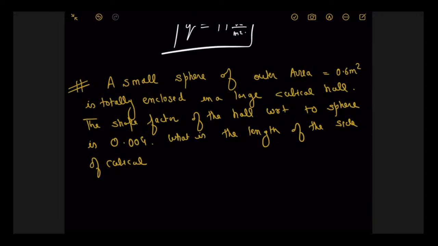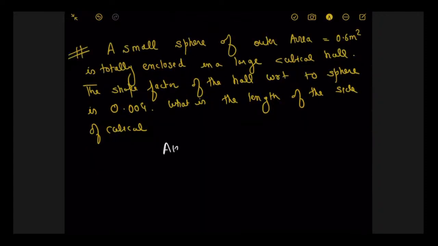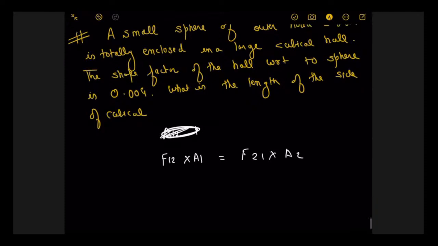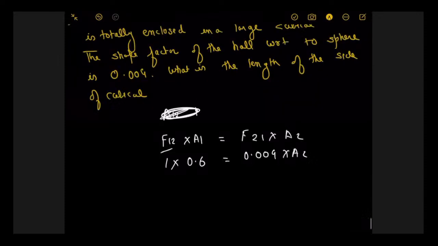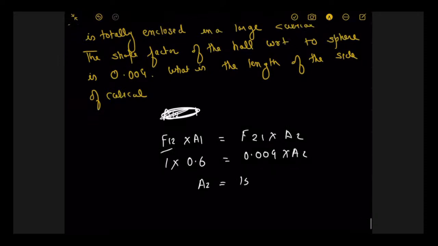Okay. So here in this question, F12 into area of 1 is equals to F21 into area of 2. It is given area 1 is 0.6, and because it is inside, that is why I have considered F12 equals to 1. It is 0.004 into area of 2. So area of 2, how much is it coming? To calculate, it will come 150.